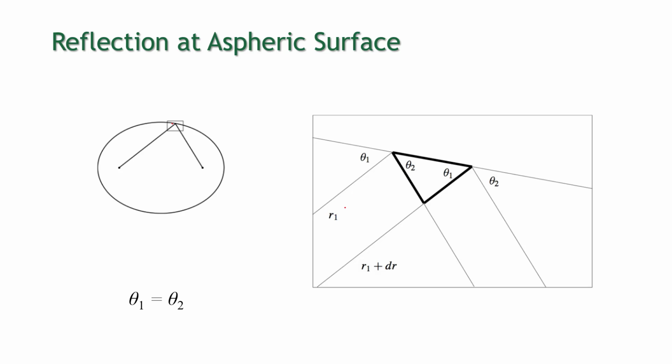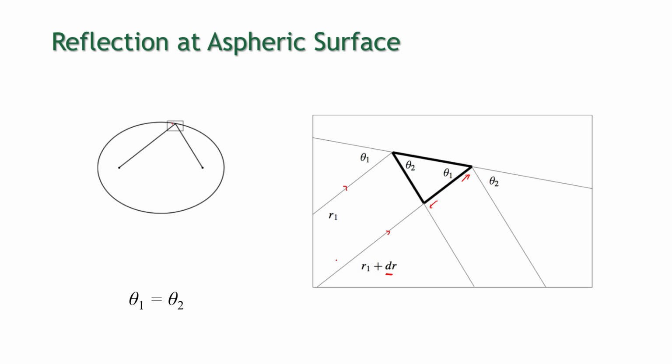Now, we have two rays, this one and this one. They are pretty close to each other, and this one is R1 plus dr, so dr greater than that, like I said before. That means this is the difference between the two paths.